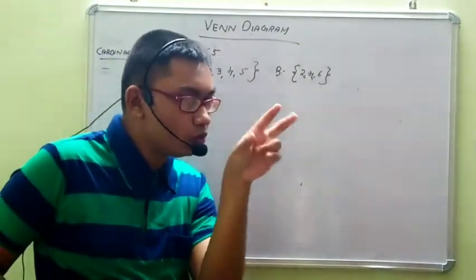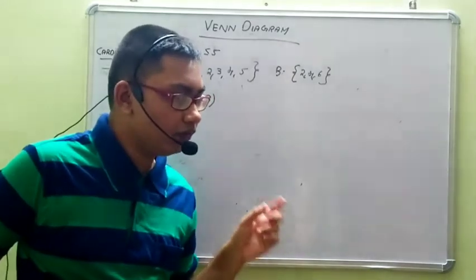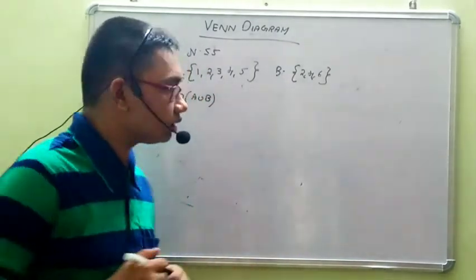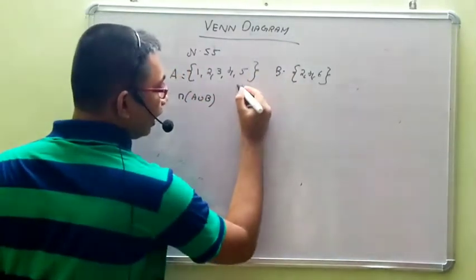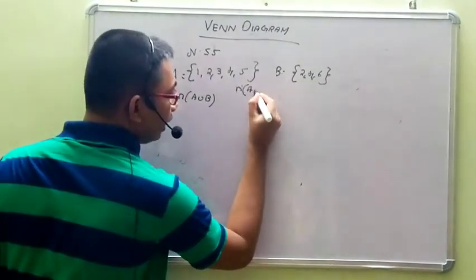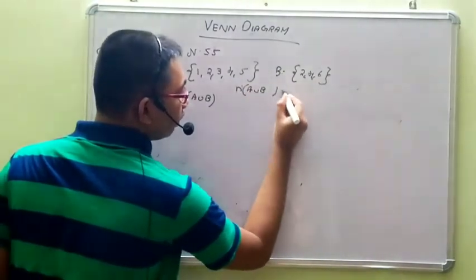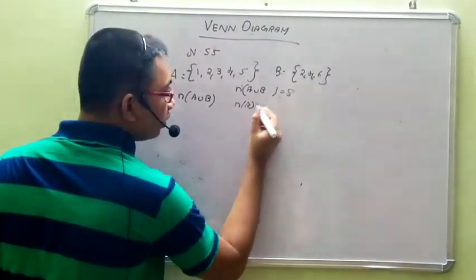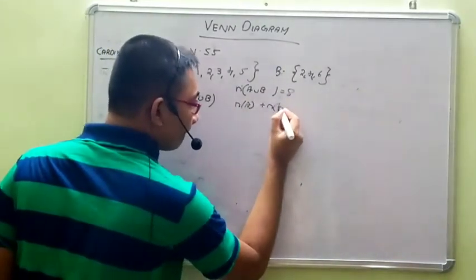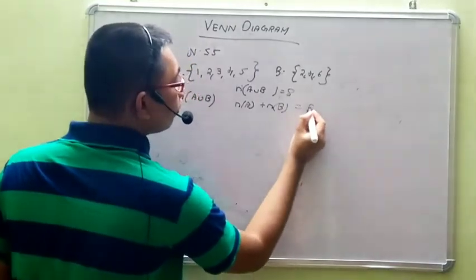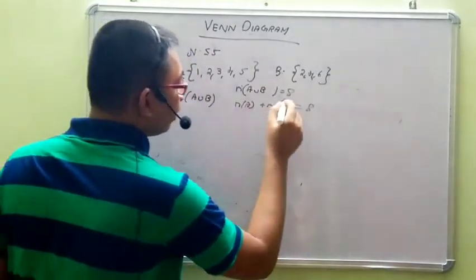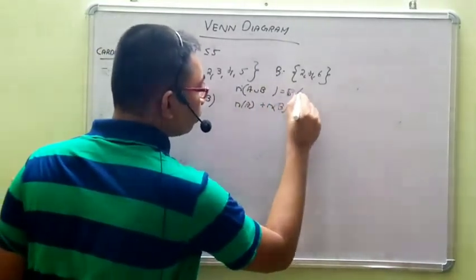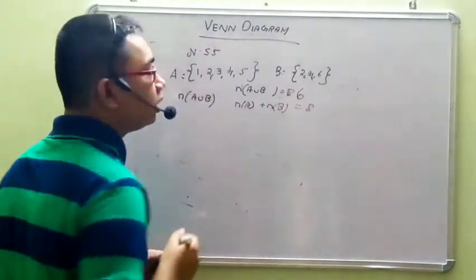And what is the difference? Here n(A union B) is equal to 6, while n(A) plus n(B) is equal to 8.